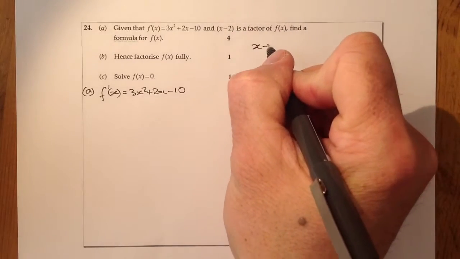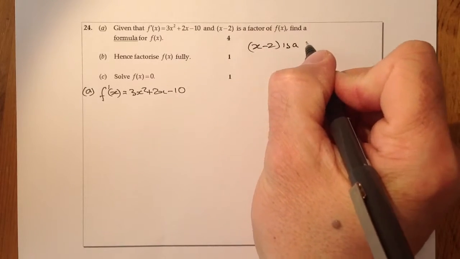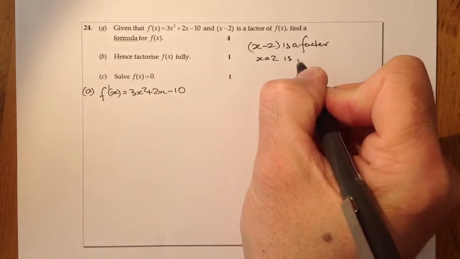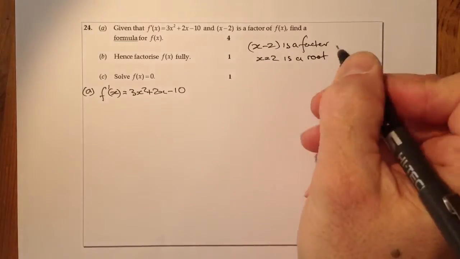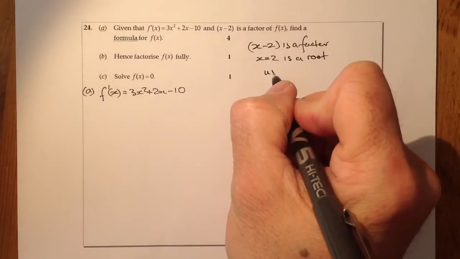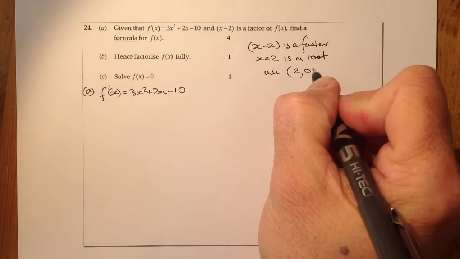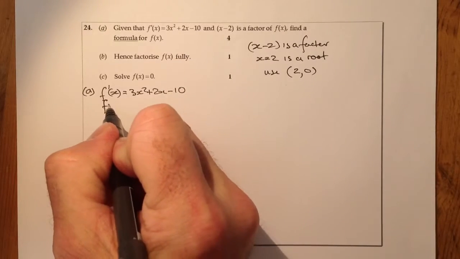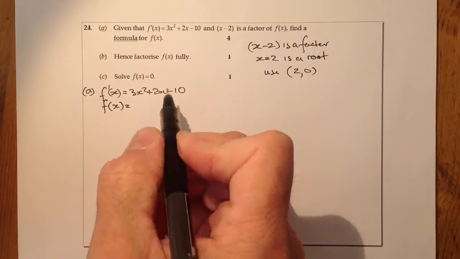If I know that x minus 2 is a factor, then x equals 2 is a root. And if that's a root, I'm going to use the point (2, 0) to find the particular solution once I integrate. So let's integrate it, and we'll get the f of x function from there.